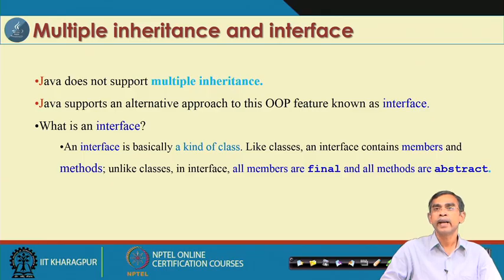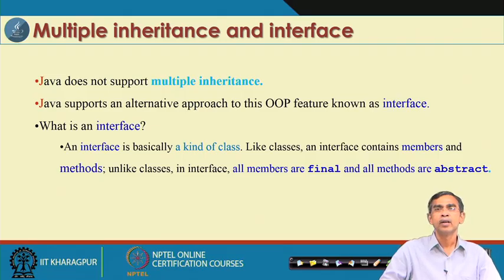There should not be any member which is non-final and any method which is non-abstract. Whereas an abstract class can contain abstract methods as well as non-abstract methods. This is also a difference between abstract class and interface.